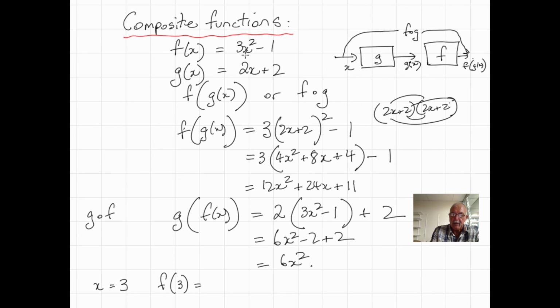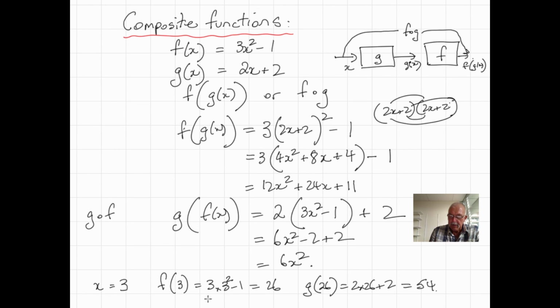So if we put 3 in there, we would get 3 times 3 squared minus 1, which would be equal to 3 3s are 9, 27 minus 1, 26. And then if we put that into the g function, we'd get 2 times 26 plus 2, which would be equal to 52 plus 2 is 54.